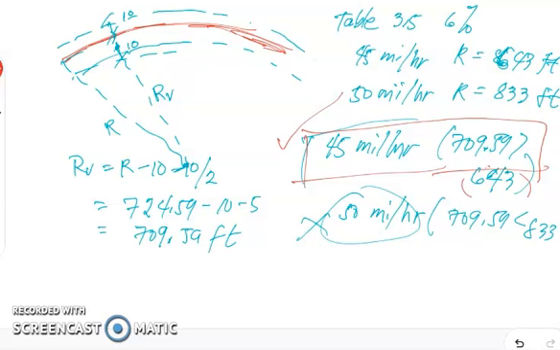Then we're going now to check for adequate sight distance for M sub S, which is going to be the shoulder width plus half of the inside lane width.